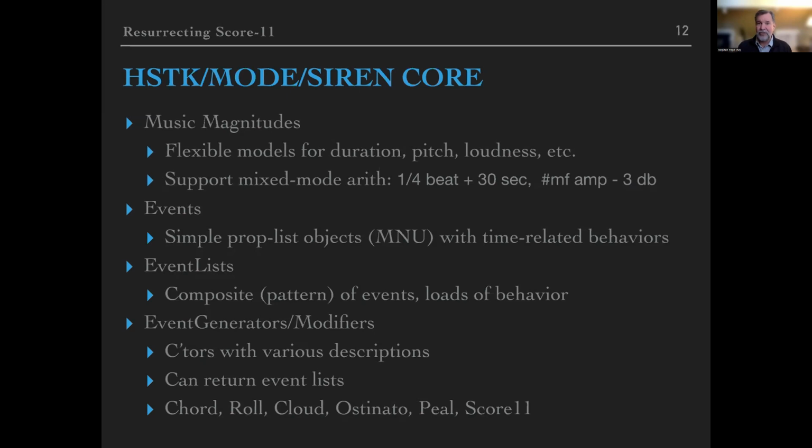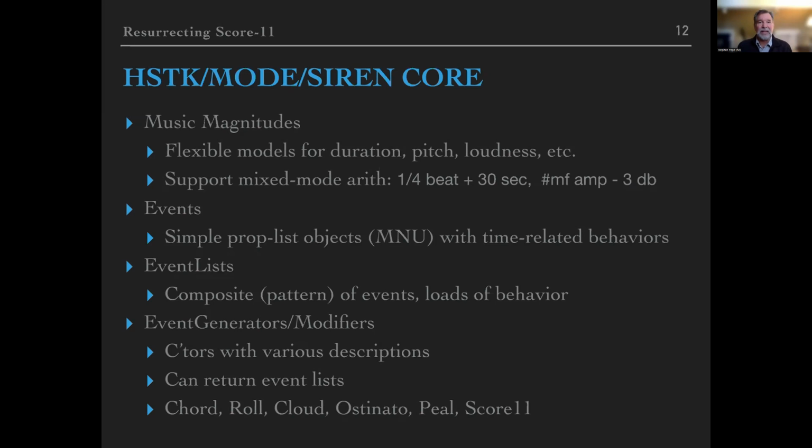So they have constructors, so you can say things like 1/4 beat, or 30 seconds, or mezzo forte amplitude, or F sharp pitch. So I normally use post operators, unary messages. And this supports mixed mode arithmetic. So I could say 1/4 beat plus 30 seconds, or mezzo forte minus 3 decibels.